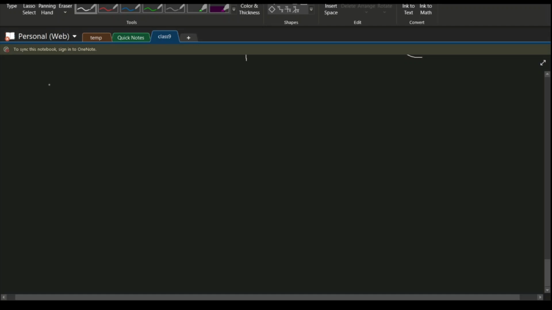So let me write down all the rules you have seen so far. Laws of exponents: a to the power m times a to the power n becomes a to the power m plus n, for any real a and positive integers m and n.